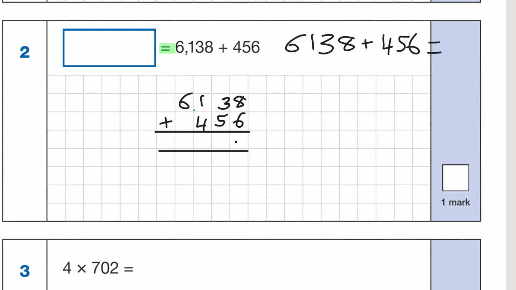So 8 and 6 is 14. 3 and 5 is 8, plus the carried 1 is 9. 1 and 4 is 5. 6 plus nothing is 6. Please remember to write this number carefully in the answer box. That's it.